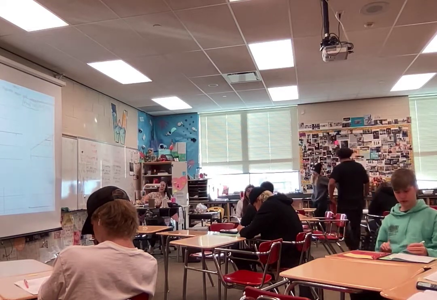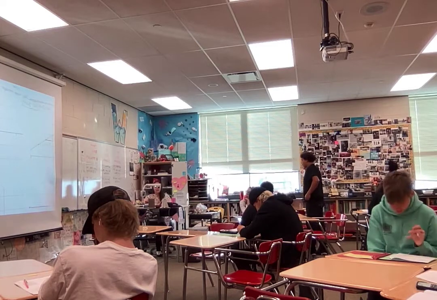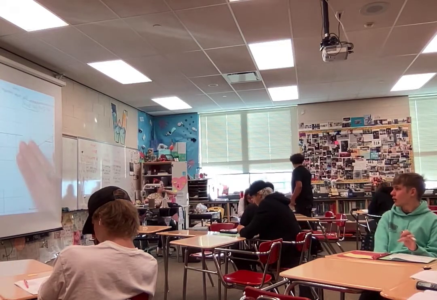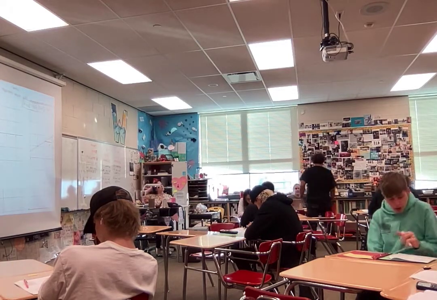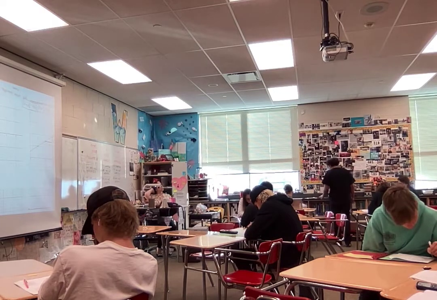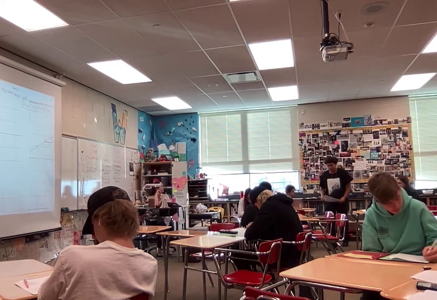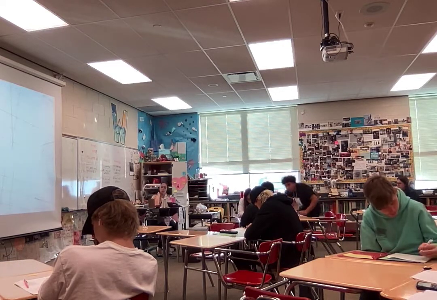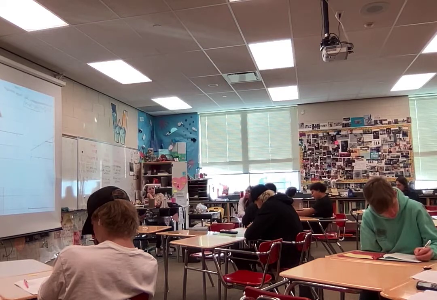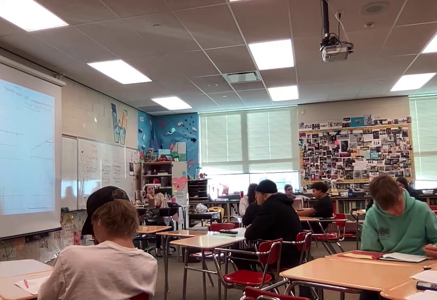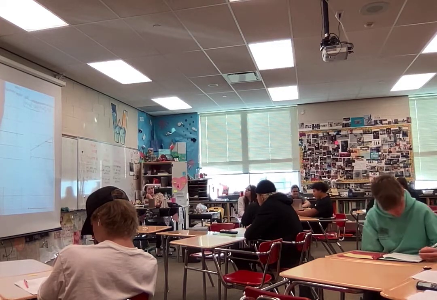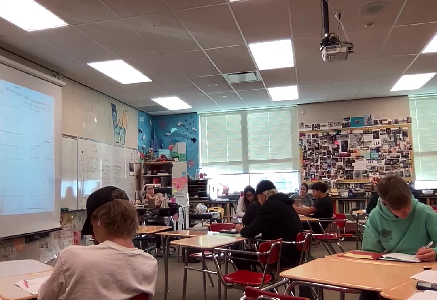Okay, so what was the y-intercept for this equation? Melinda, what did you get as the y-intercept for this equation? -2. Okay, so we know that there's -2, and f of x equals blank times x.